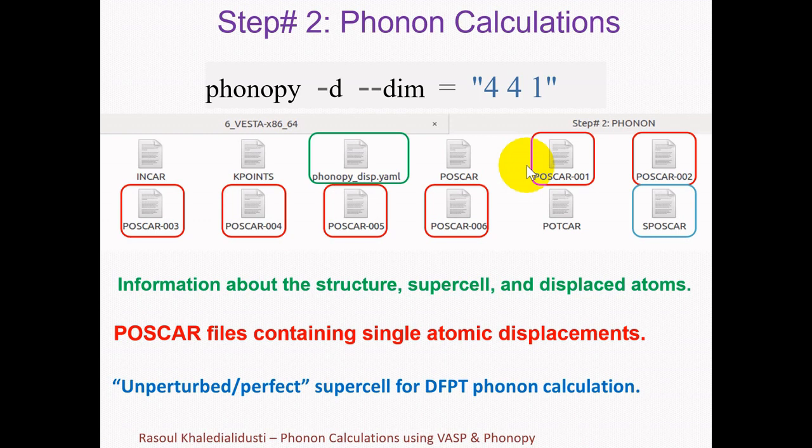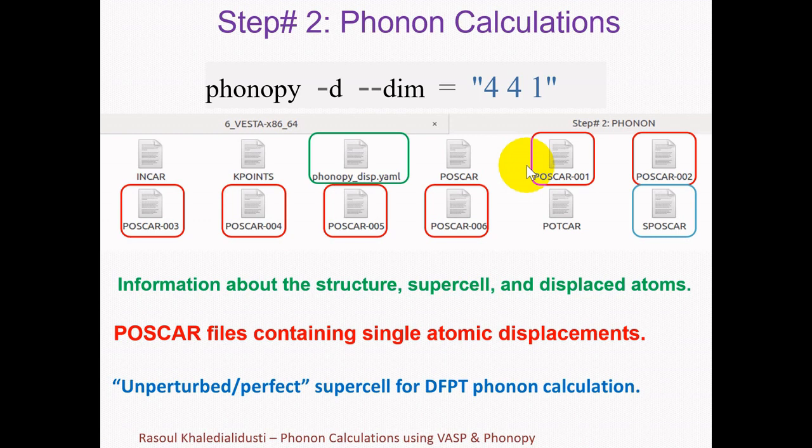The number of these files depends on the symmetry of your structure, and you could have fewer or more. As the symmetry of the structure is lower, you need more single atomic displacements. That is why I said it's recommended to turn symmetry on by ISYM equals 1 in the INCAR file of the optimization step.